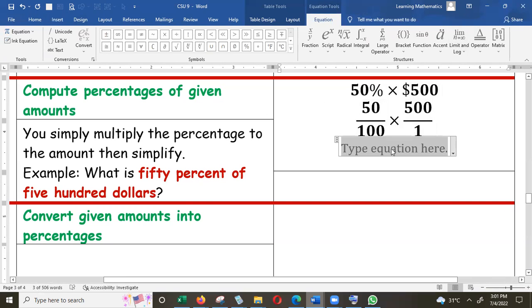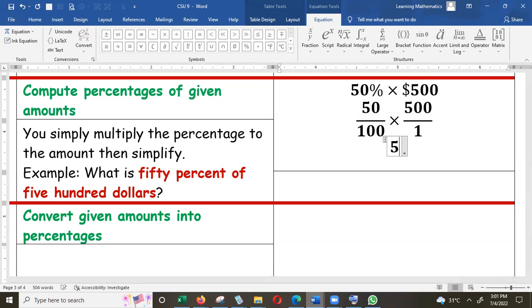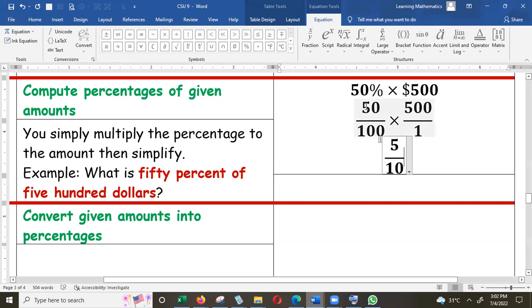So 50 over 100, we can divide both by 10. 50 over 100 can simplify to 5 over 10, times 500 over 1. Multiply numerator times numerator, 5 times 500, and 10 times 1 is 10.